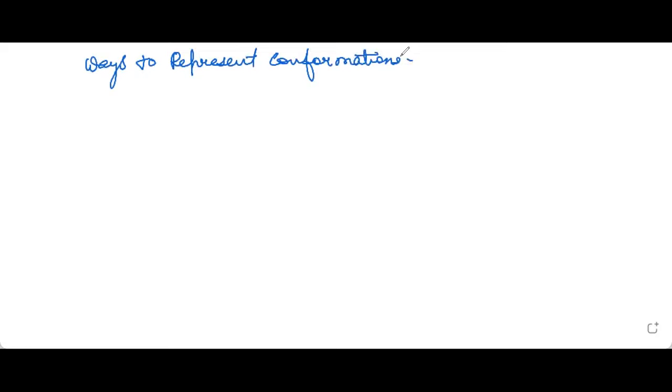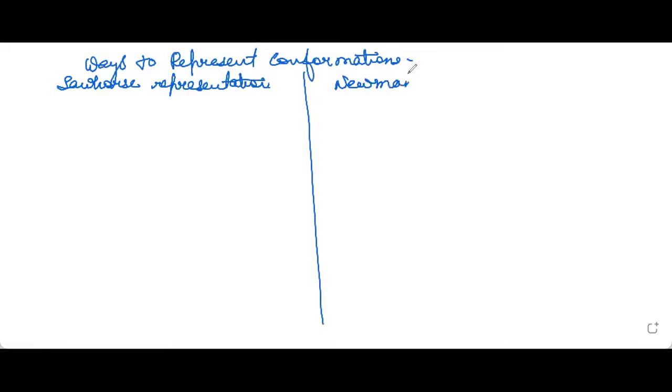We have two ways: one is sawhorse representation, and the second one is Newman projection.